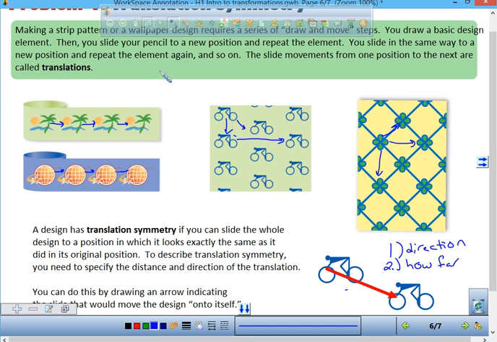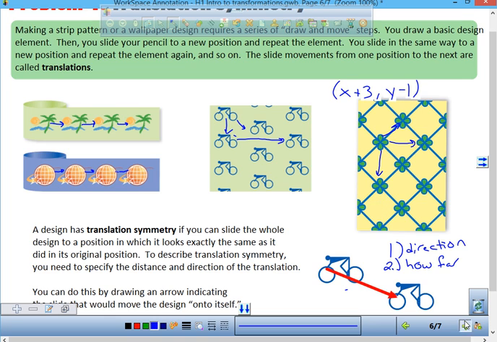Like, when you write a translation on a coordinate graph, you're going to say the x plus 3, because you're going to add 3 to each x coordinate, and then the y, maybe minus 1. It's going to go down. Okay, so this would say, on a coordinate graph, move it 3 to the right and 1 down. Okay, because x goes left and right, y goes up and down.